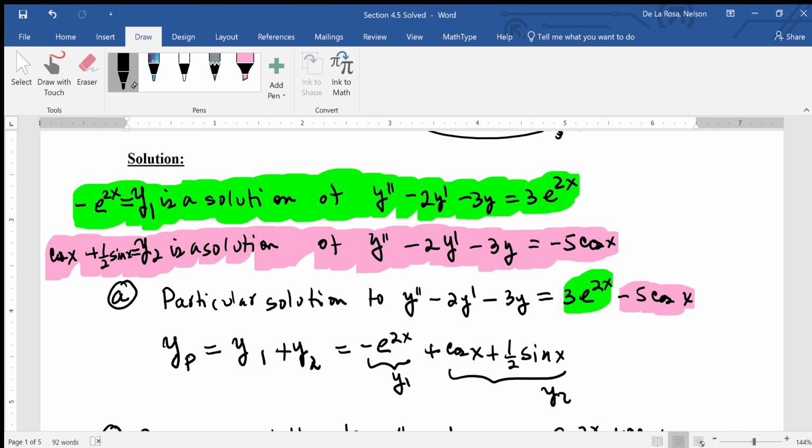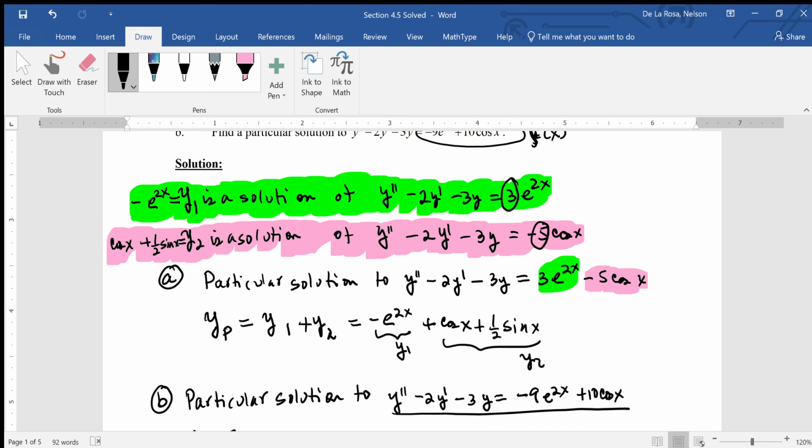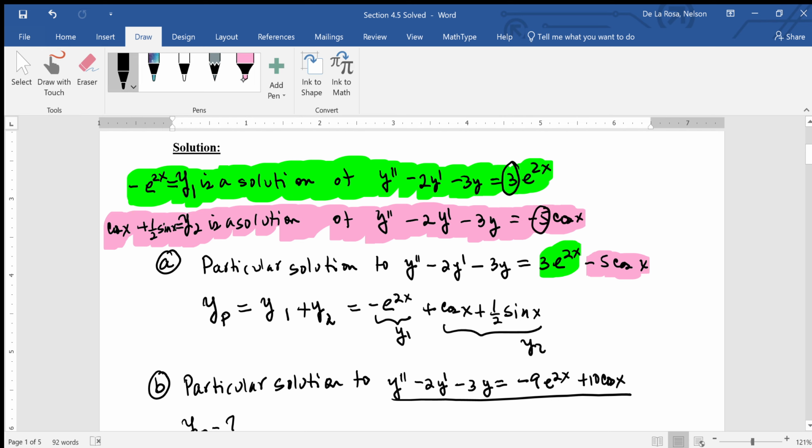Now, in the given equation, here we have a 3 and here we have a negative 5. But in the equation we have to solve, the new one, look that we have a negative 9. This term kind of looks like the one we have on the right. Let's say that this is f1 of x and this is f2 of x.